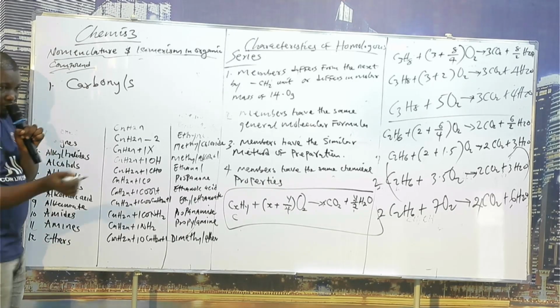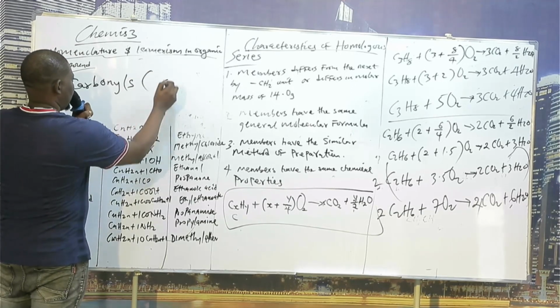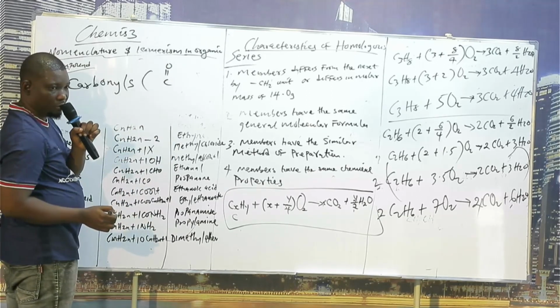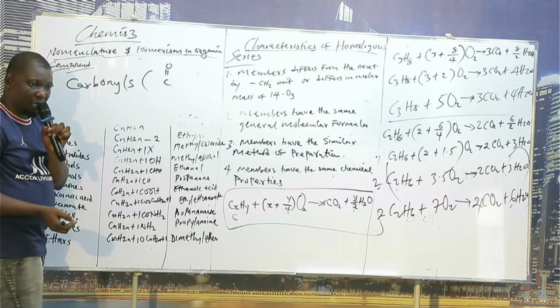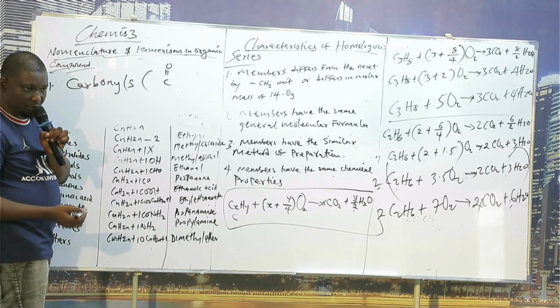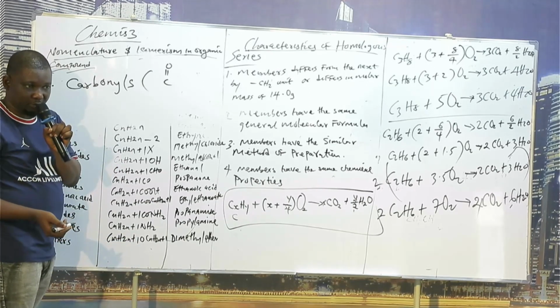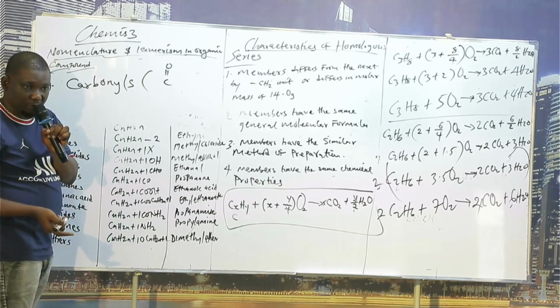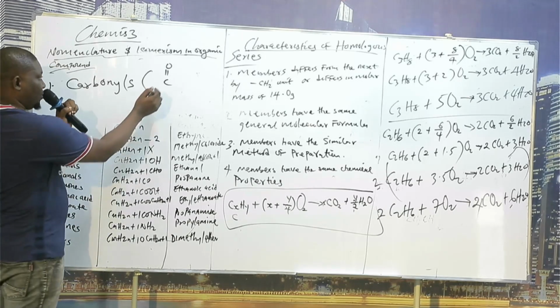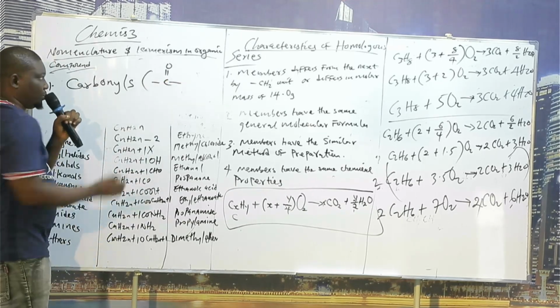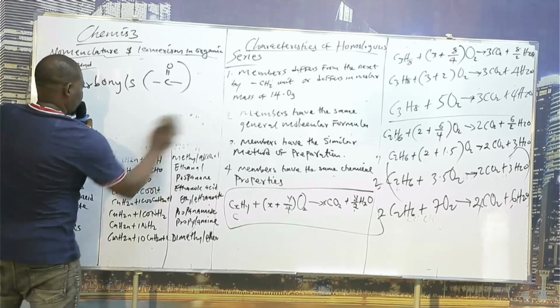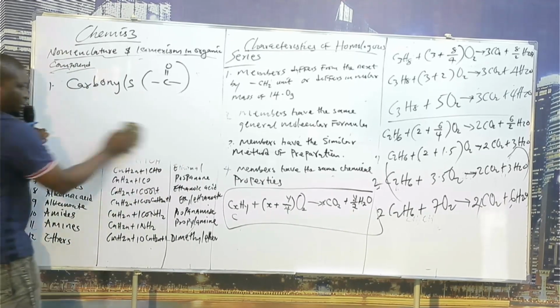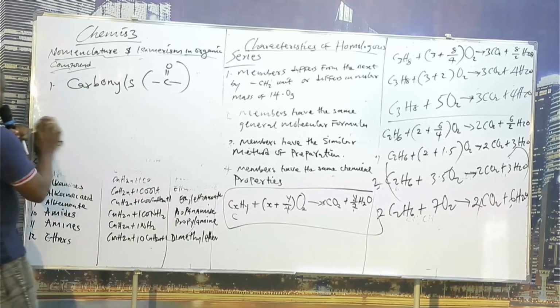So how will I write it now? C, O. I've not finished, because I'll still give carbon 4 bonds. How many bonds are remaining to be complete? 2. Oxygen has 2 bonds, that's enough for oxygen. So carbon will have 1 and 2. This is the structure for carbonyls. Either here.